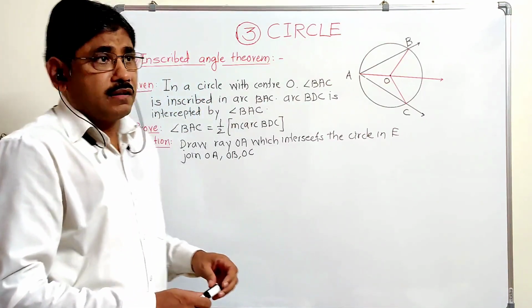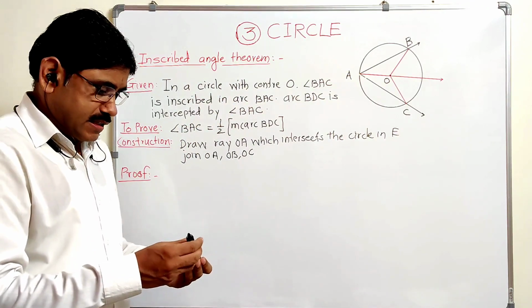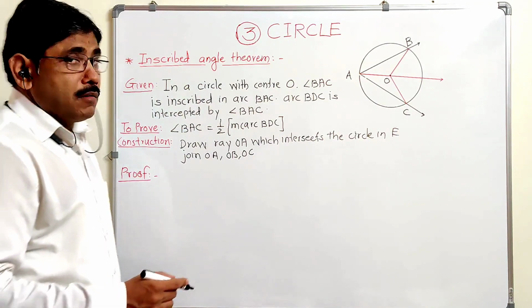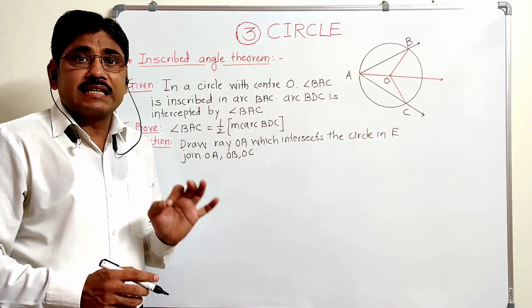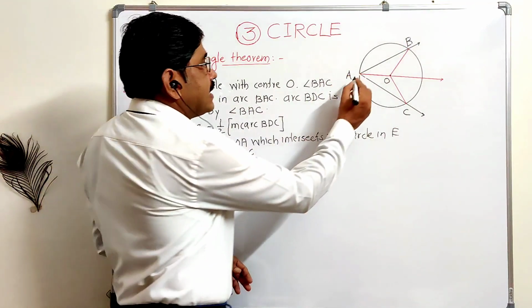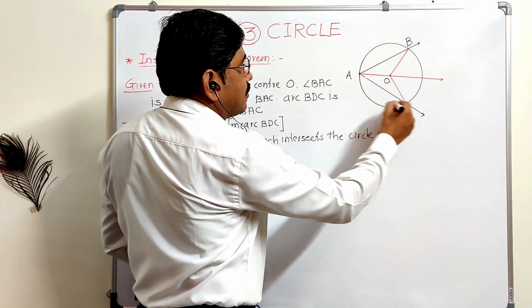Let us see the inscribed angle theorem. This is our next concept. So what is that theorem? Measure of inscribed angle. Here this angle BAC, if you observe, BAC is inscribed in arc BAC.